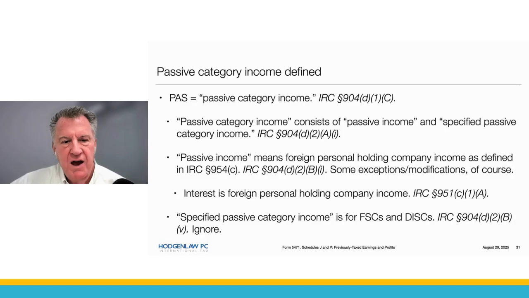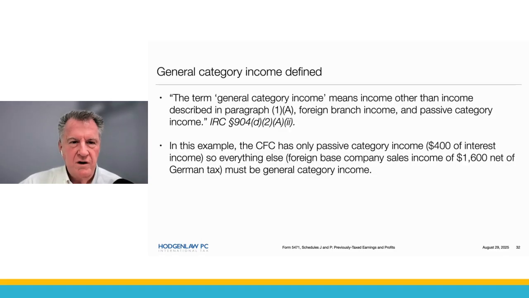Specified passive category income is for foreign sales corporations and DISCs, and those in my world are largely passé, so I ignore them cheerfully. So for my purposes, passive category income 99% of the time is going to mean foreign personal holding company income. General category income is a residual category.